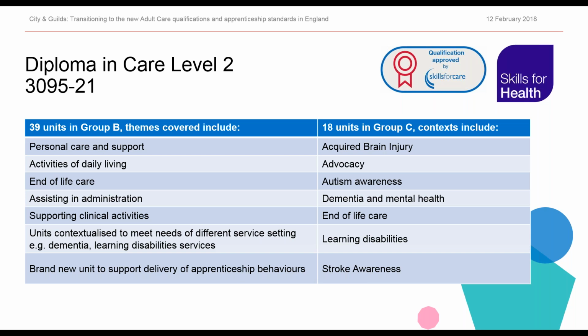There's lots of optional units, but I've tried to just demonstrate that there's a coverage of a lot of different aspects of adult care. One of the units I'd like to draw your attention to is a brand new unit, which is around knowledge and skills for an adult care worker, and this will link very closely to the apprenticeship standard and also include some references to the behaviours that are also in the standard.